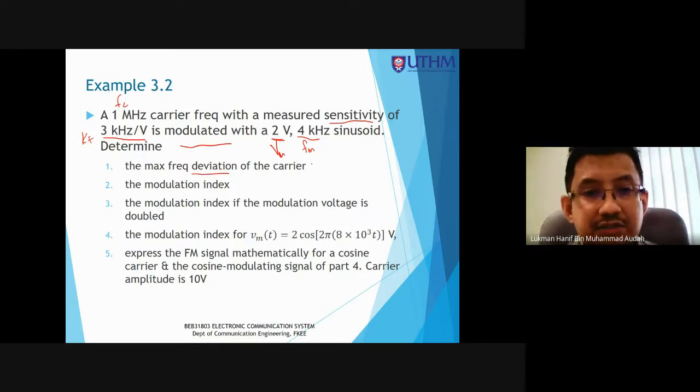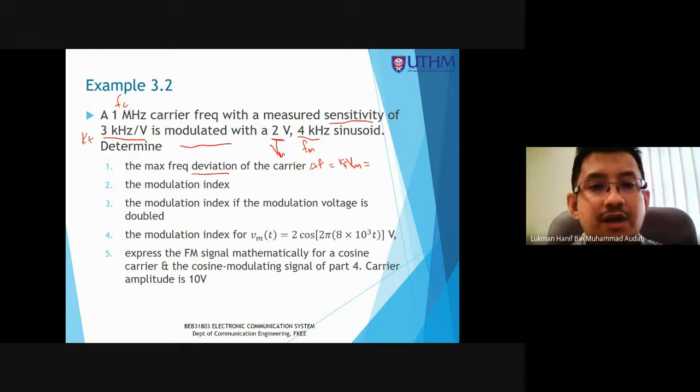So the first question asks about delta F. Okay, so delta F is equal to apa dia? KF VM. So maknanya KF adalah bersamaan dengan 3 kHz per volt multiplied with VM, the peak amplitude of the information signal, which is 2 volt. So you will get here 6 kilohertz.